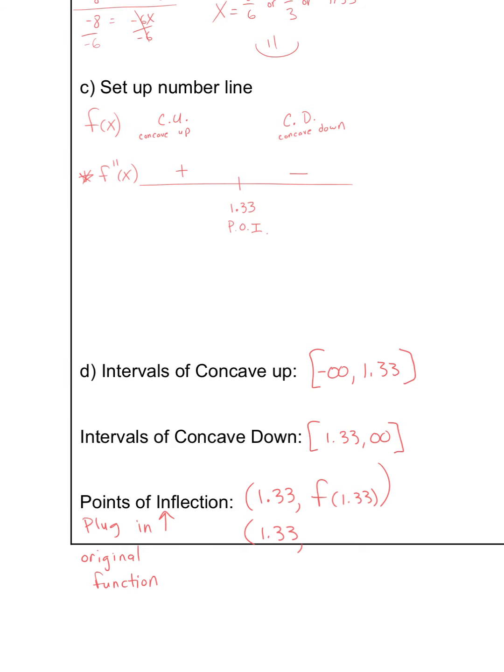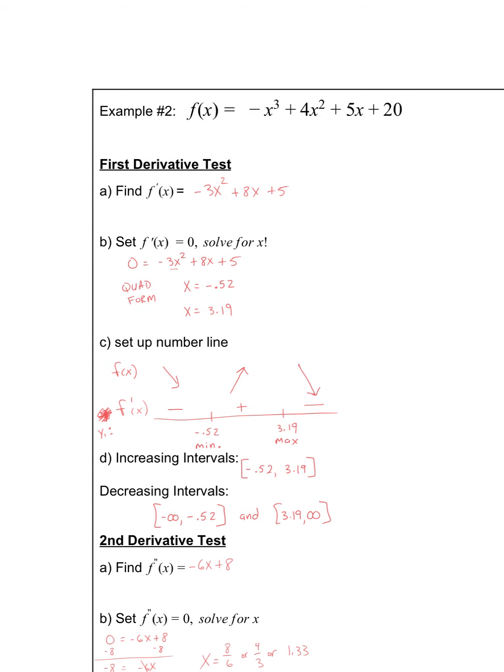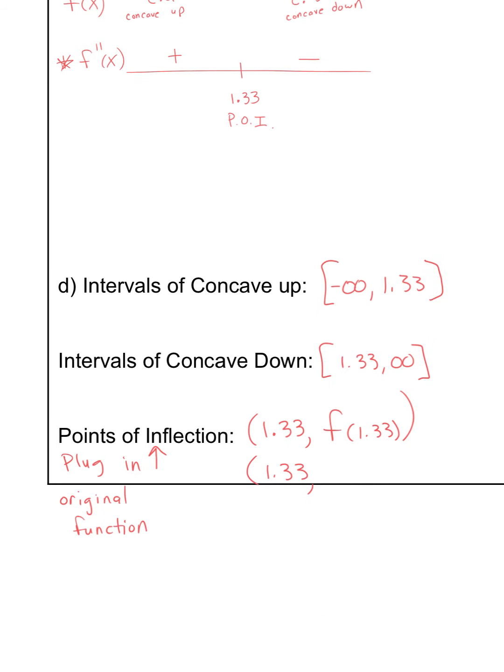When I plug that into my original function, remember the original cubic function is way up here, I'm looking at my calculator right now, and I see a value of 31.37. So there is our point of inflection.